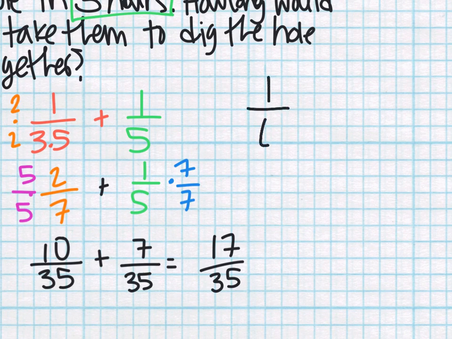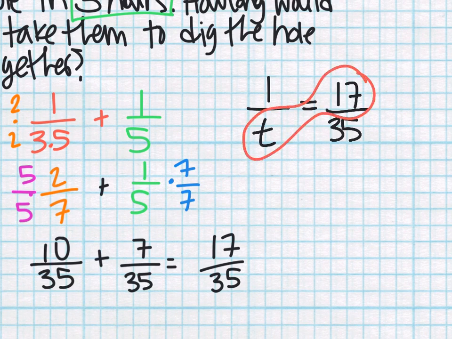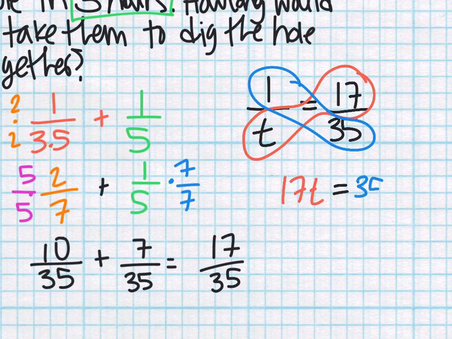Cool, so just like we did in the first example, I can say that 1 over the total is equal to 17 35ths. Then I can do my butterfly method. 17 times t is 17t, and that's equal to 1 times 35, which is 35. Okay, to solve, I'm going to divide both sides by 17.